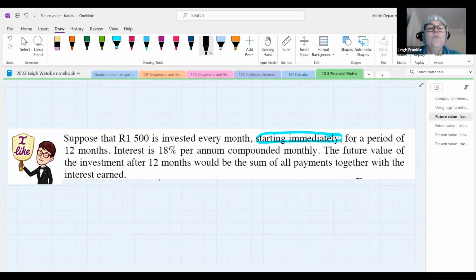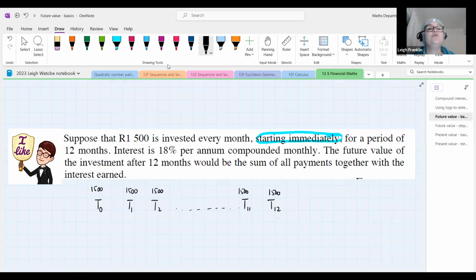If we go back to our timeline, what we are saying is that at T0 there is a payment of 1,500. At T1 there would be another payment of 1,500, at T2 another payment of 1,500, and so on. At T11 there's a payment of 1,500, and at T12 there is a payment of 1,500.